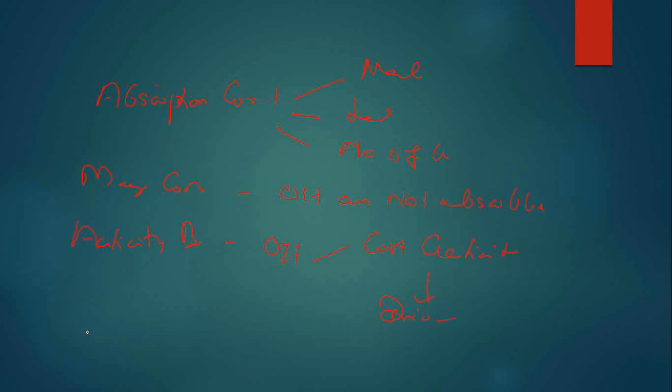Then last week we learned something called joint product costing. That is where you have one common process, and through the process you have more than one product coming up, and then how you apportion that cost between these main products. So these were the things we have learned up to this point.